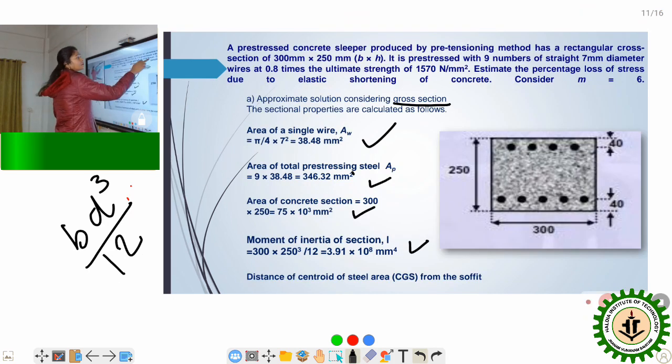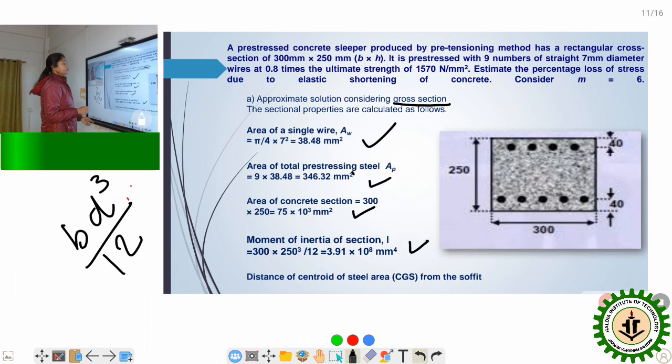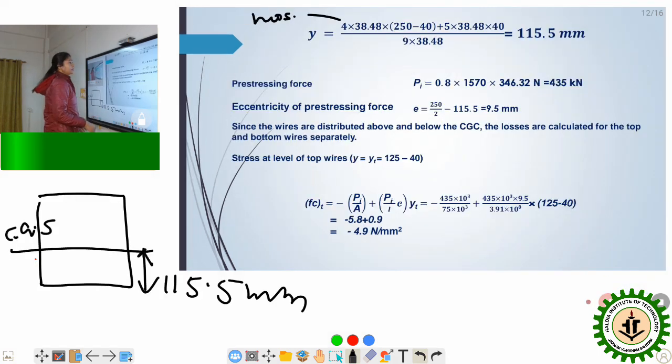If you multiply it with the total area of the steel, you get the pre-stressing force, which is 4.435 kilonewton.